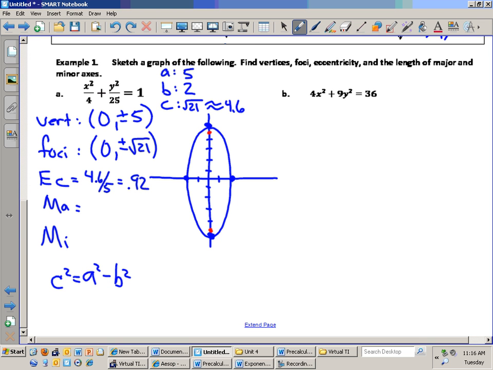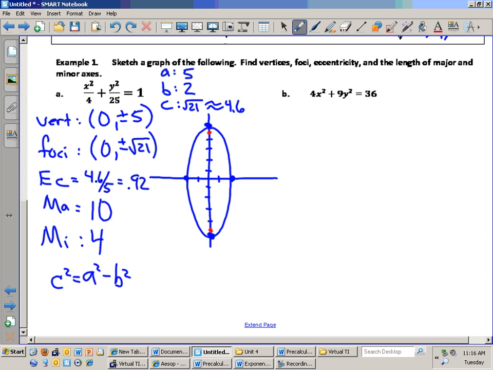What's the length of the major axis? 10. What's the length of the minor axis? 4. That's it. The major axis is twice the A value, and the minor axis is twice the B value.